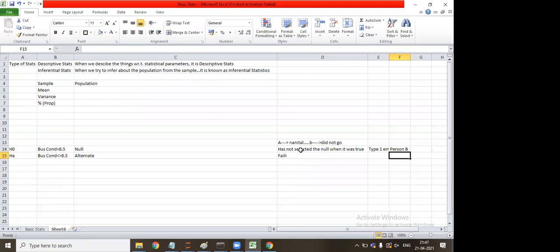Person A said the bus is pathetic. Now person A, who has actually gone to Nainital, has made a mistake, for selecting null when it was false.